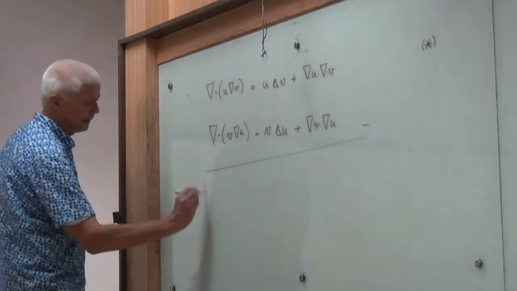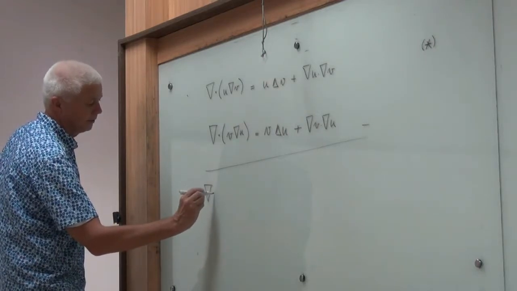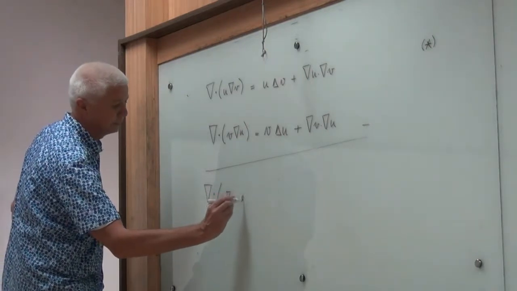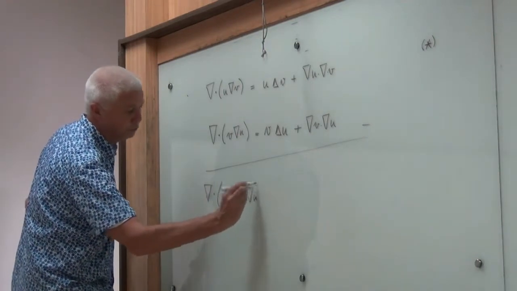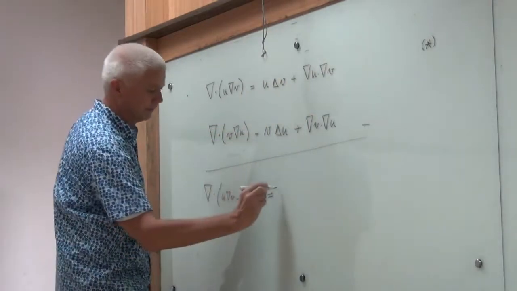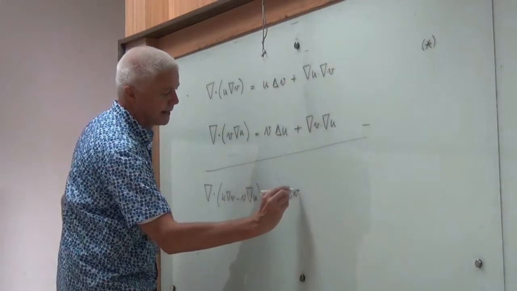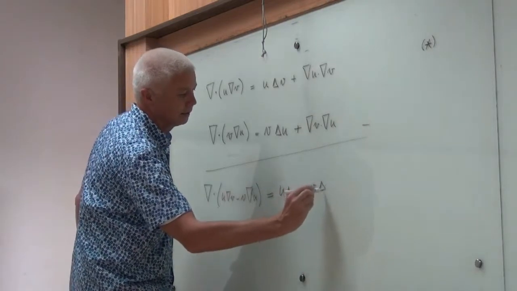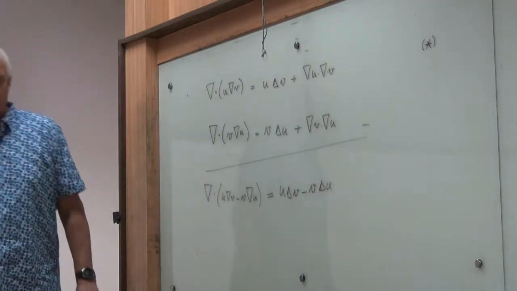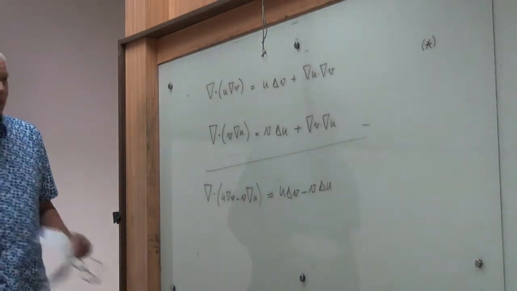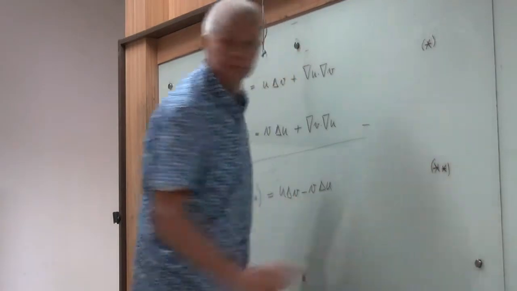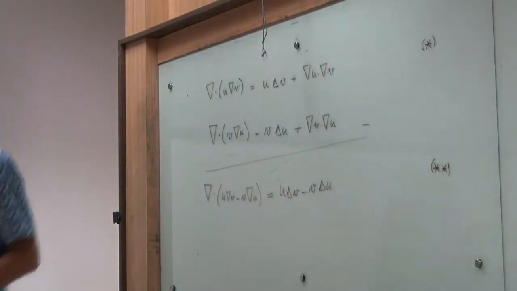What do I get? The divergence of U gradient V minus V gradient U is equal to U Laplace V minus V Laplace U, and the other terms cancel. This is what I call formula double star.